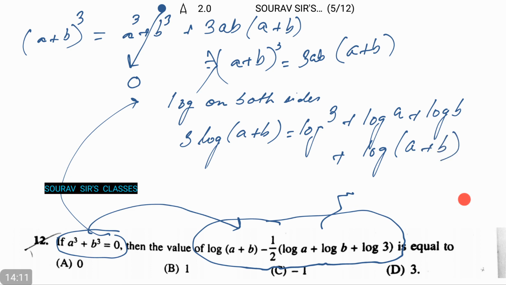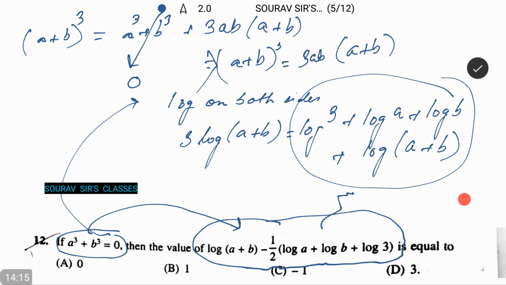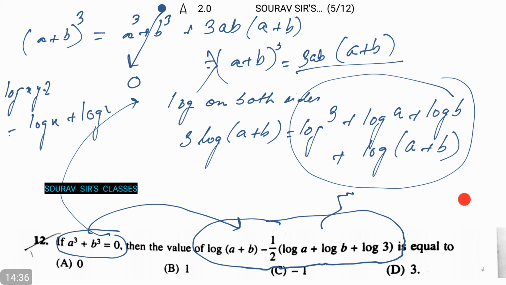Now you might be thinking, why am I writing it like this? Because if we have a product and we take a log of that product and expand that log, for example, log xyz can be written as log x plus log y plus log z, right?